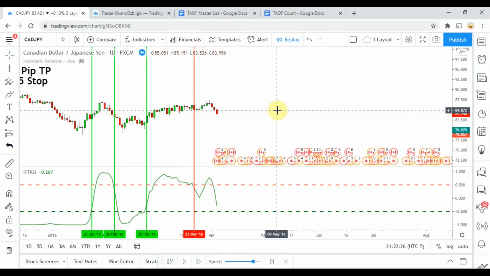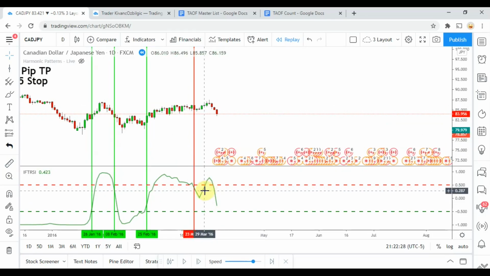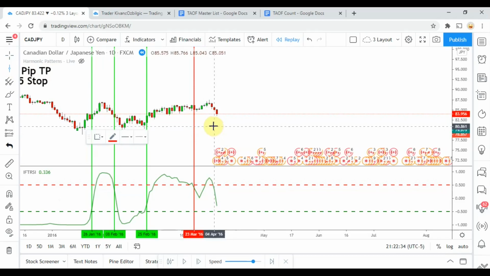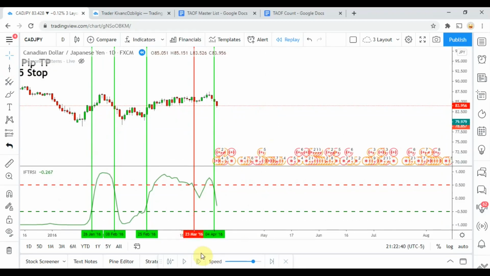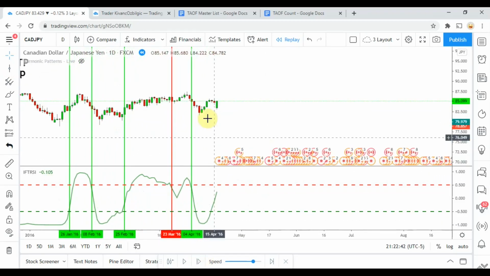And we will, let's see, hold on. So we get a cross there, and then we get another drop to the downside right here on that one. Go ahead and play it forward a little bit, and that one got us to take profit.